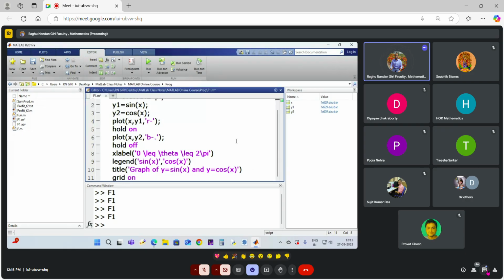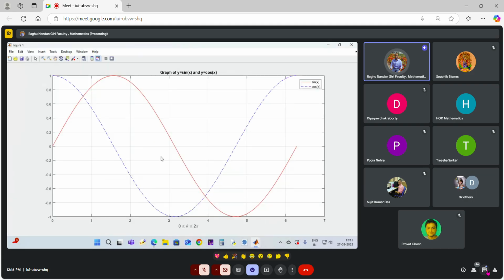Okay. This is the grid in the figure. See, same figure. There is a grid with small rectangles. The plane is divided into small rectangles.